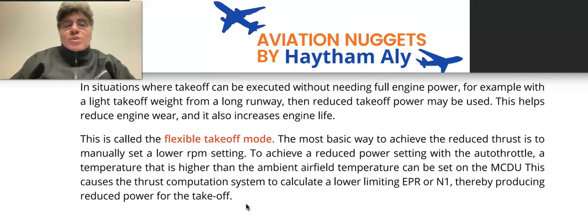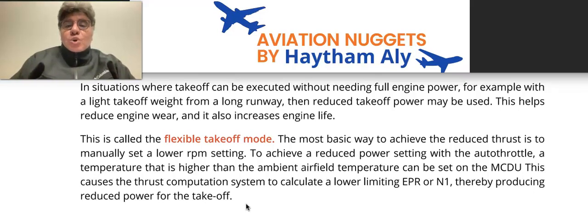So always, everybody, in any case that we don't need the full engine power, we may take off in a flexible takeoff mode. And if you will take off with auto thrust engaged, you must give the auto thrust an outside air temperature more than the real outside air temperature. So the auto thrust will compute a lower limiting for EBR and N1, so the gas temperature will be less.